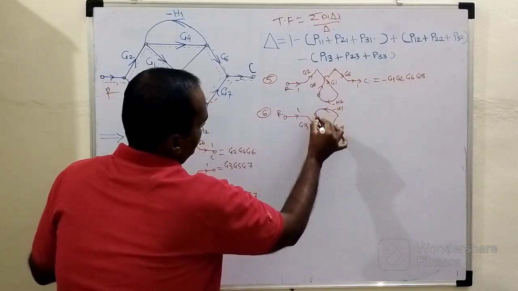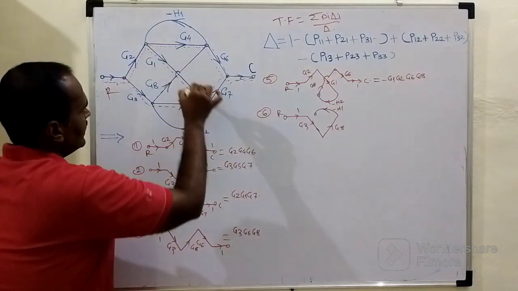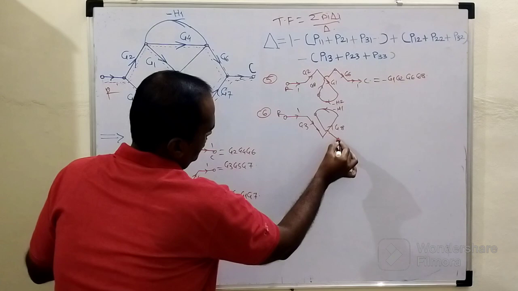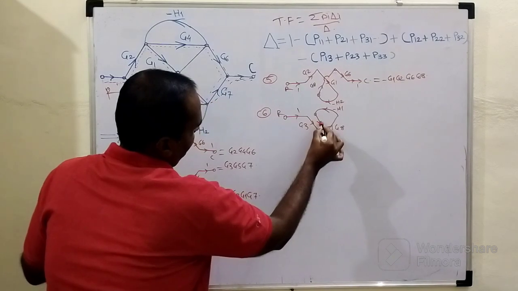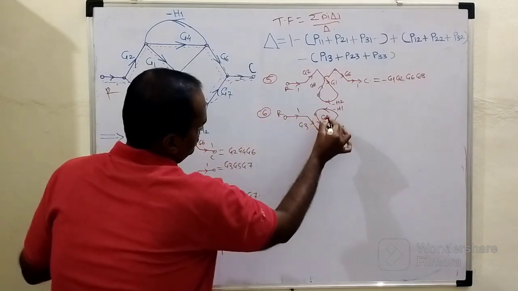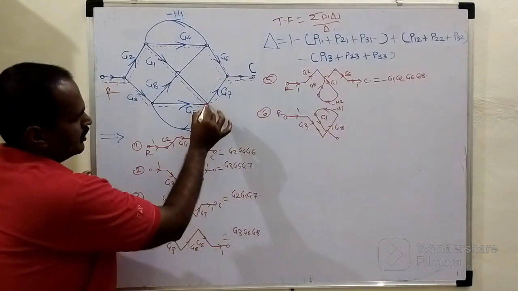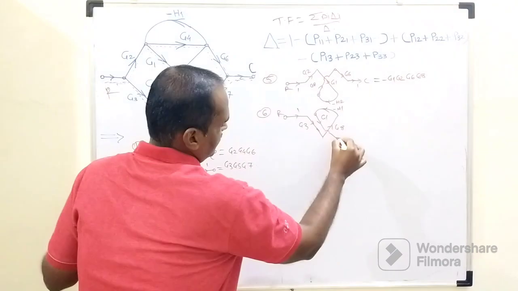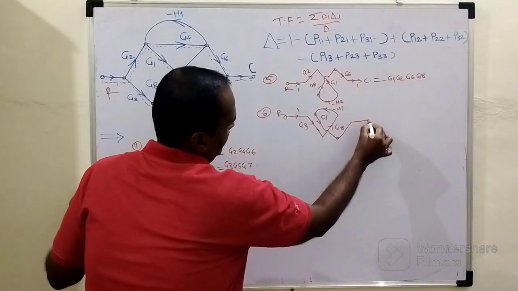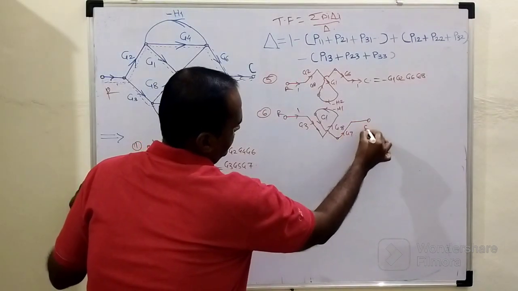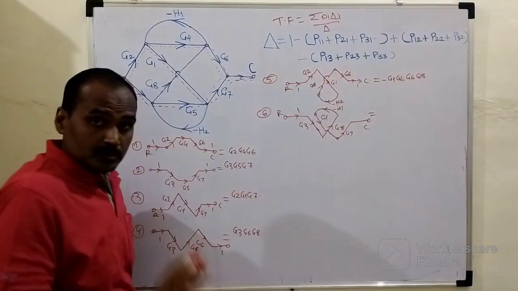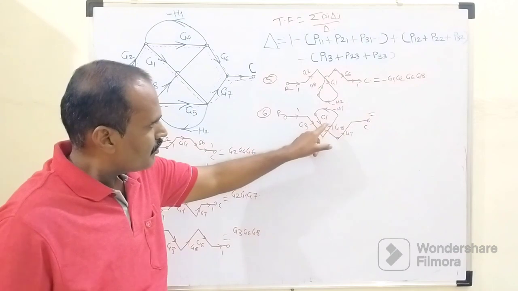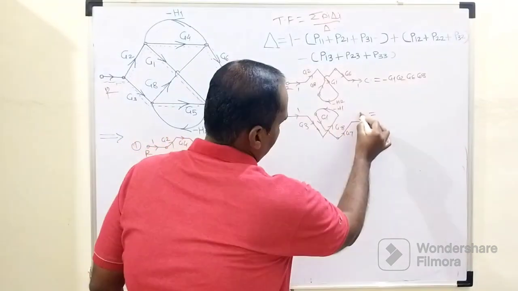minus H1. Here we are coming across this node. Then again with the help of this diagonal element whose gain is G1, I will come across this particular node. Then again with the help of this G7, I can complete my journey at this C. So as you can see, it consists of 1, 2, 3, 4, 5 and 6 forward path and 1 feedback element.